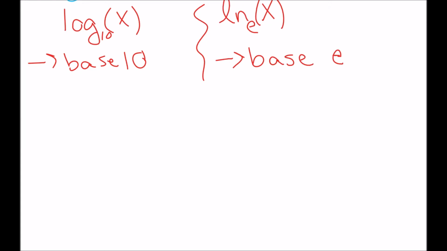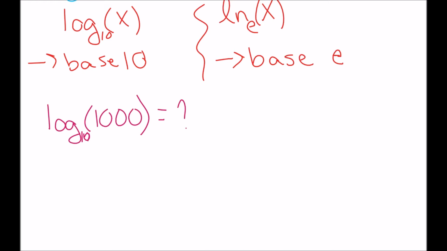So an example for a log would be log of, let's say, 1,000. And again, I don't have to actually write base 10, but I'm going to for right now, just to remind us since we're learning. And we're going to say that this expression equals question mark.